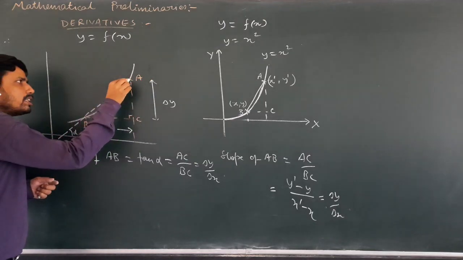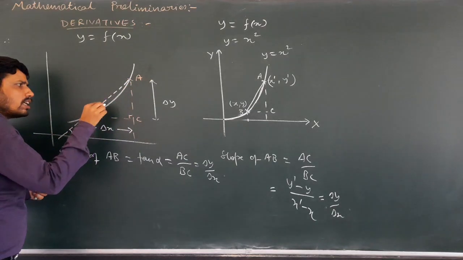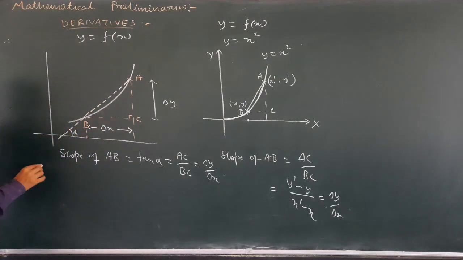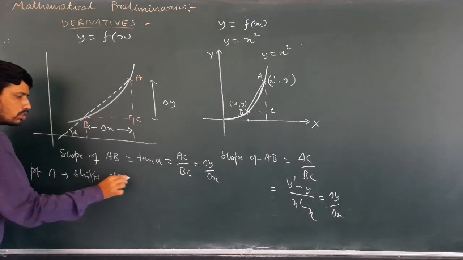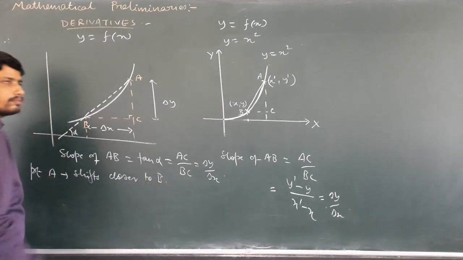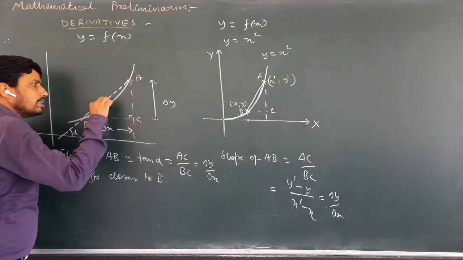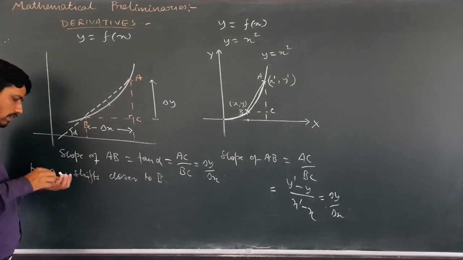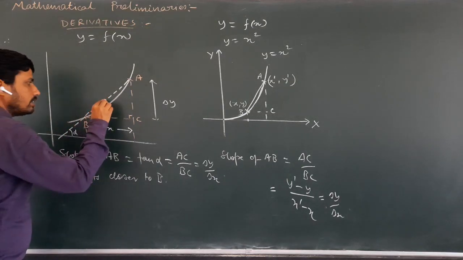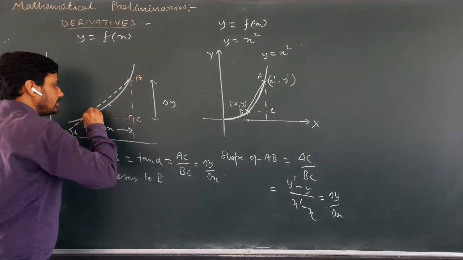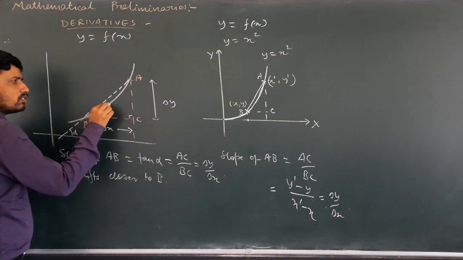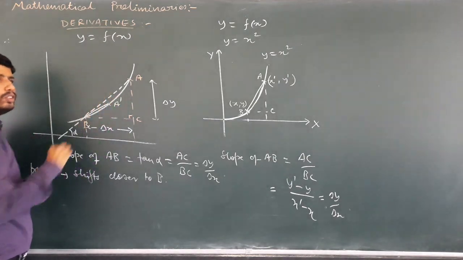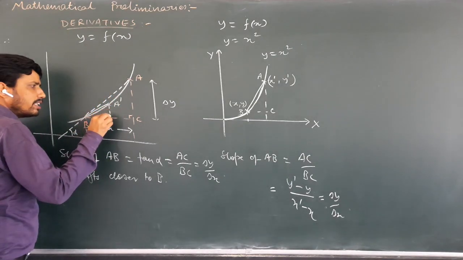Now we will bring point A closer and closer and closer to B. So point A, we will shift it closer to point B. Suppose A comes here, then we'll get a new triangle. This will be the straight line. This is B, so this I'll write as A dash, the new position of A, and we will get a new triangle.